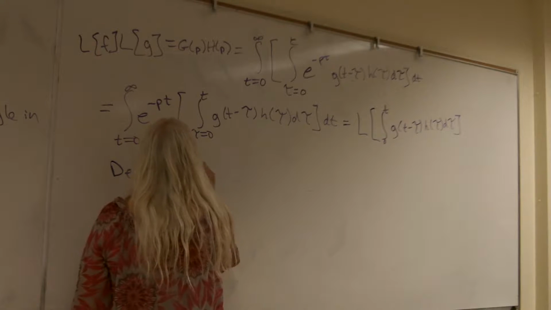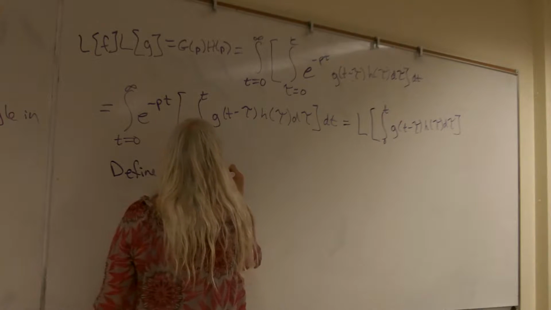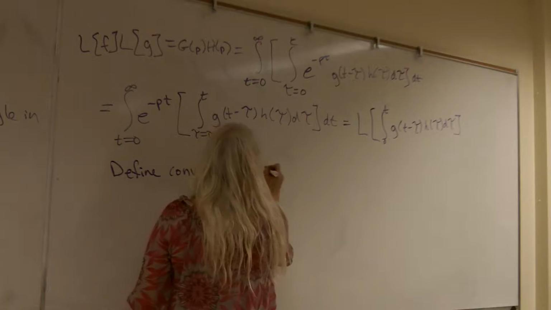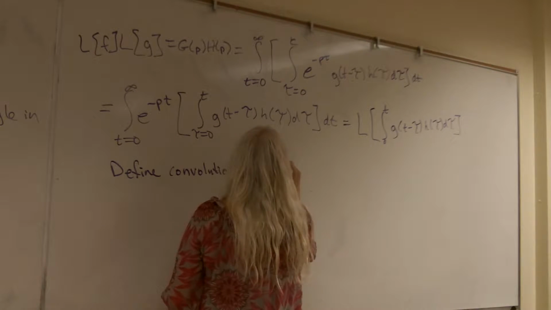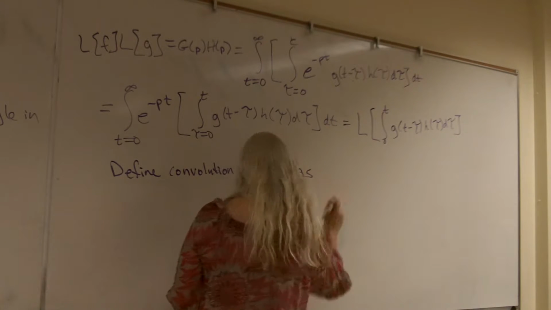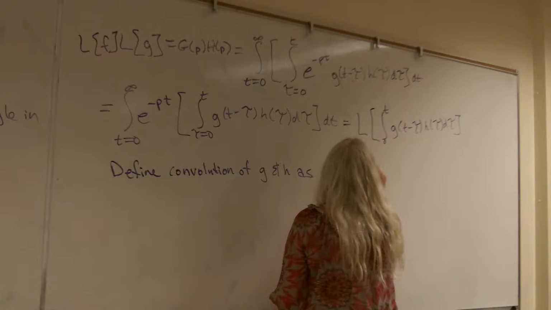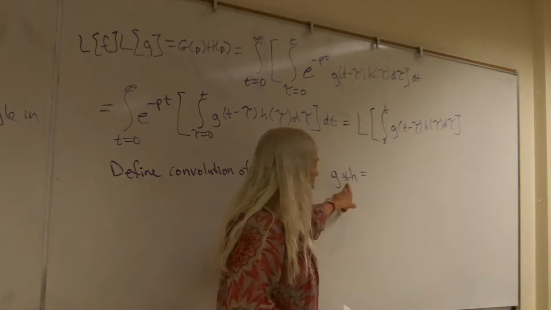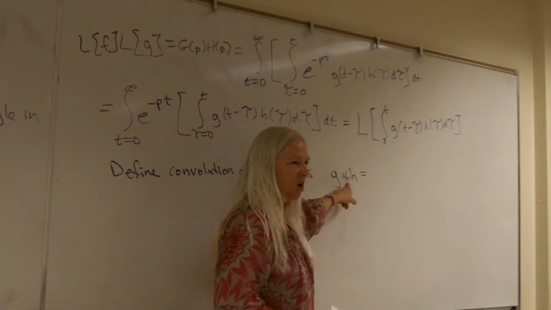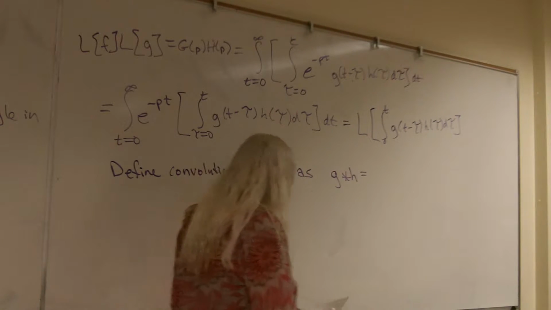Okay? So anyway, let's define this quantity to be something we'll call the convolution of two functions g and h. This is the notation for convolution. It's g star h, like a star or an asterisk. It kind of describes the operator.